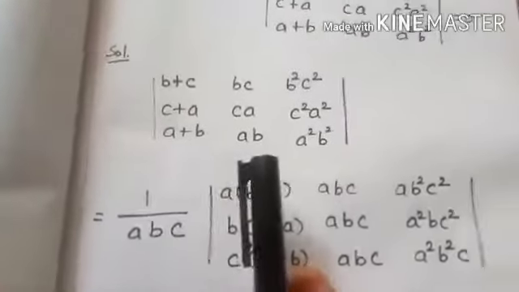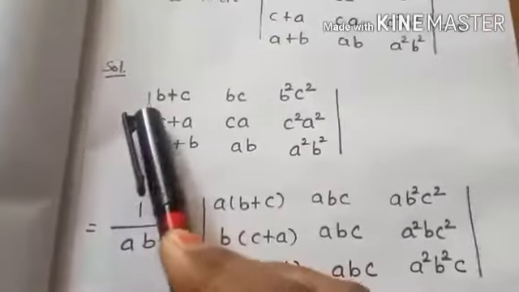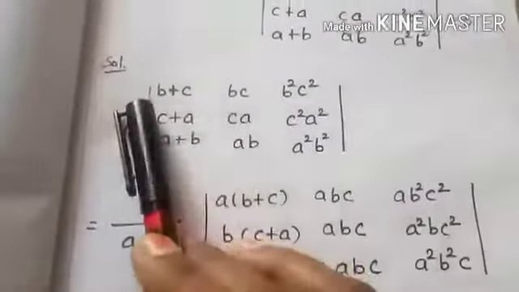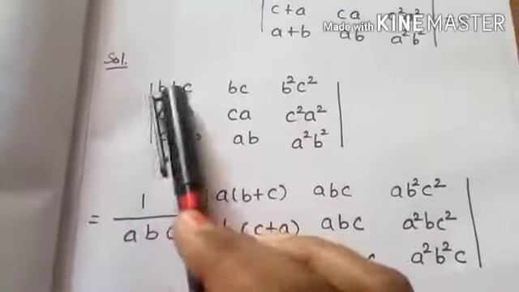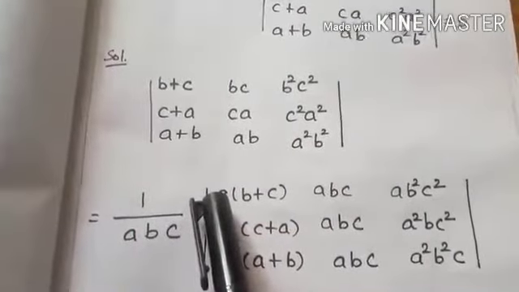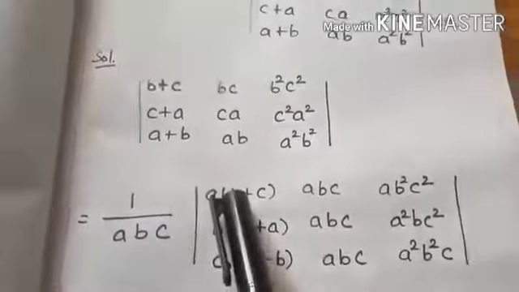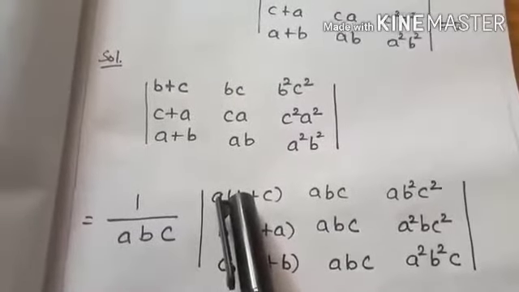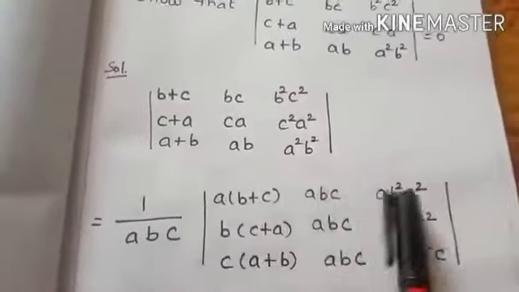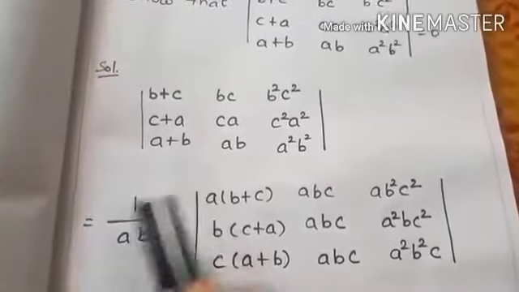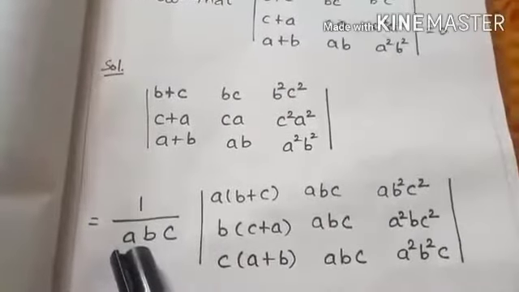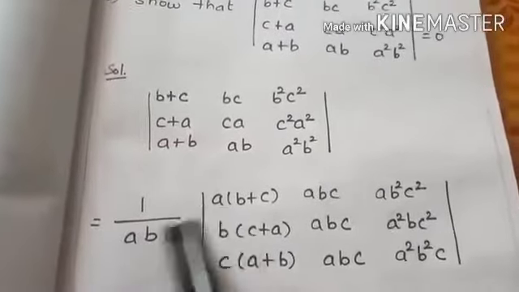Now we are going to multiply R1 by a. So the first row is multiplied by a. If we are multiplying by any variable, then we must divide by the same variable. So R1 is multiplied and divided by a.